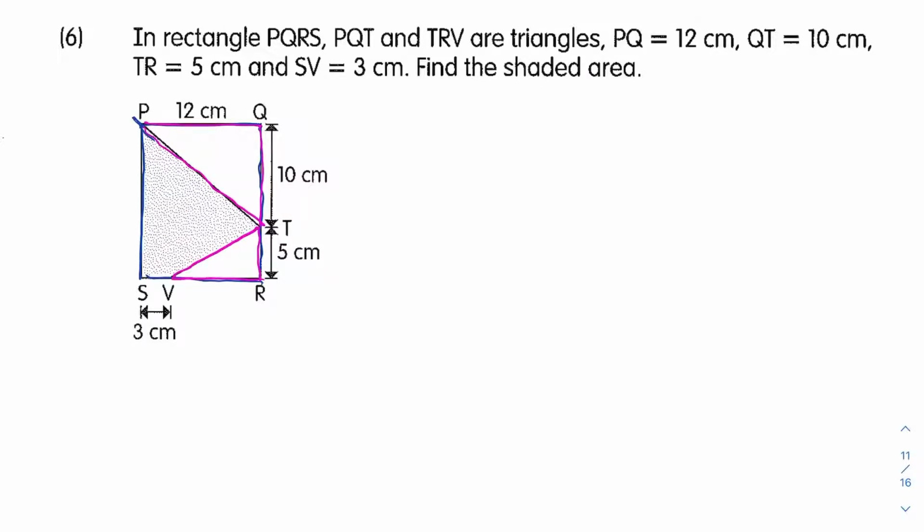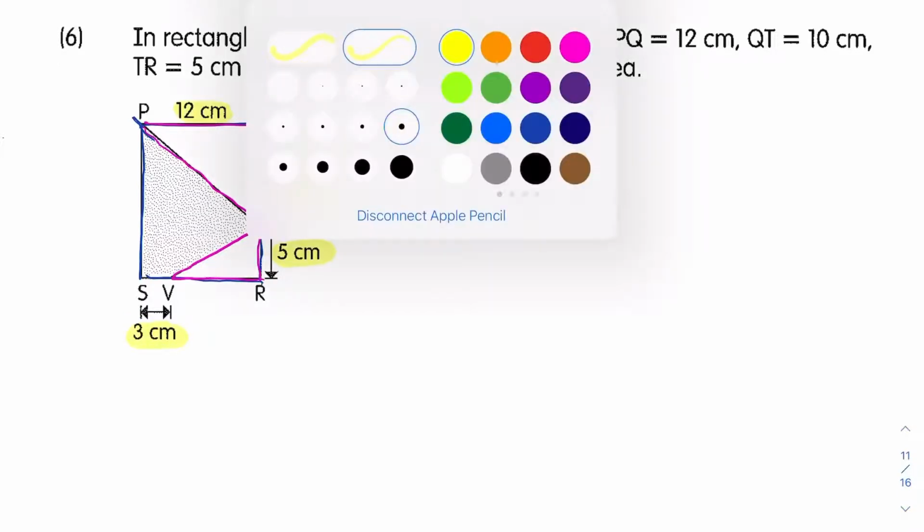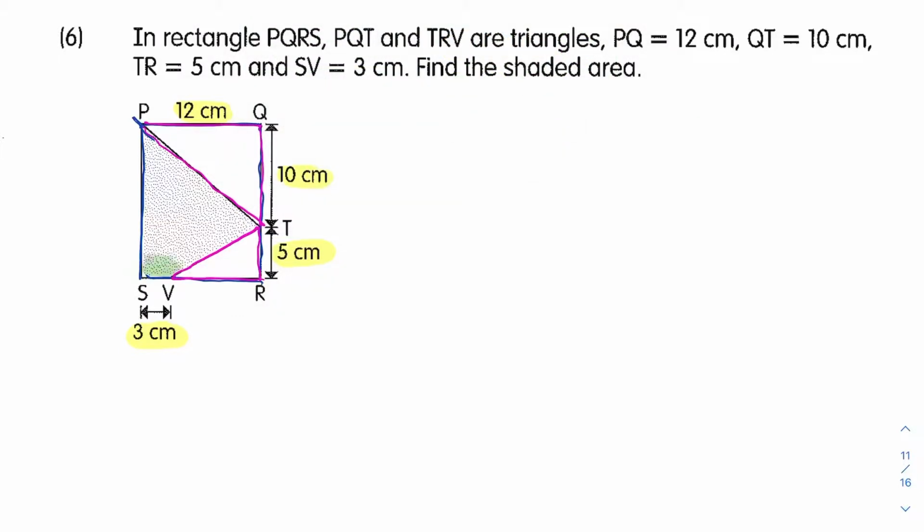PQ is 12, okay. QT is 10 cm, TR is 5 cm, SV is 3 cm. So we want to find the shaded area, which I'm just going to shade in green. So this is the part I'm referring to right here.